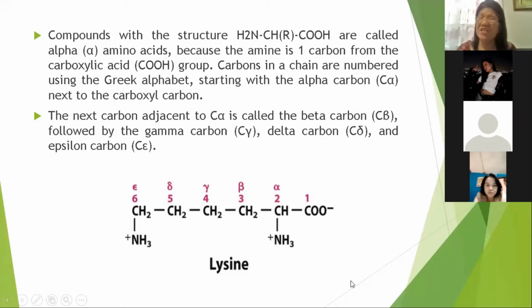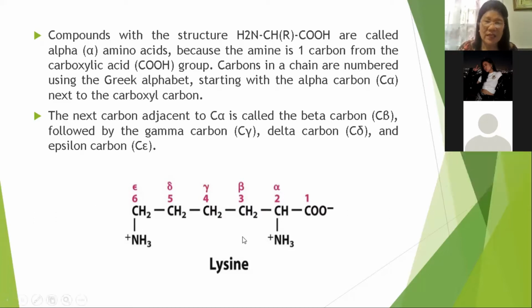What differs is the side chain. What is common is this one, 1, 2. Then there is always a hydrogen. That is common to all amino acids. What differs is what is called the side chain.